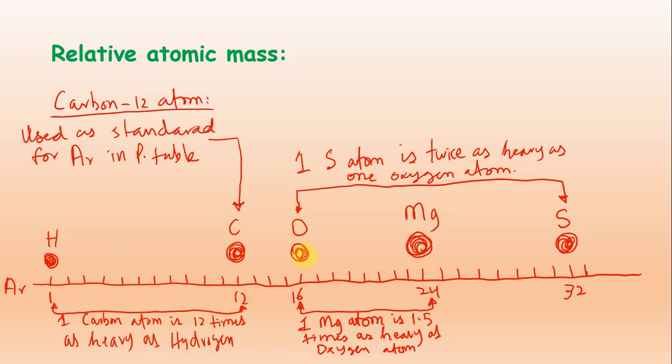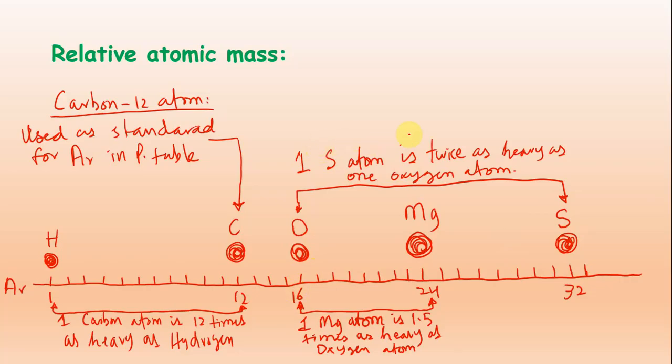Then what about oxygen and magnesium? Oxygen is 16 and magnesium is 24. One magnesium atom is 1.5 times as heavy as the oxygen atom. Now the last one is oxygen and sulfur, that is 16 and 32, meaning double.